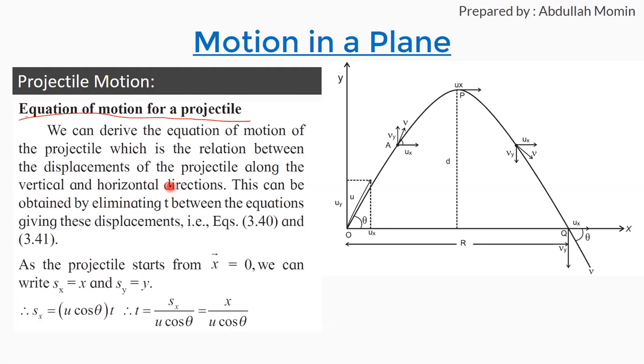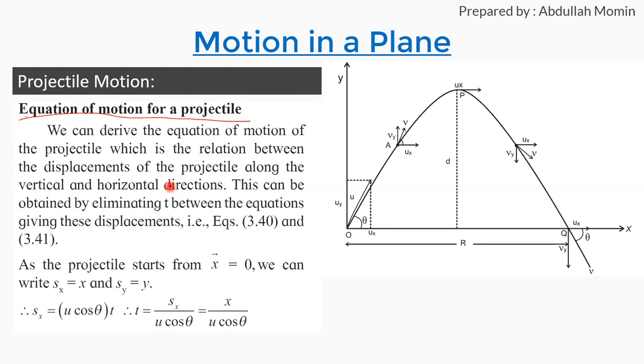So Sx, that is the displacement along the x-axis, is equal to velocity along the x-axis into time. So time can be written as Sx, and u cos theta will go to the other side of the equation. So Sx upon u cos theta.